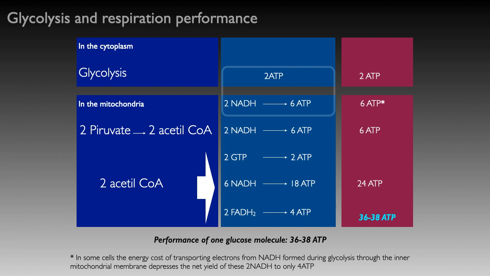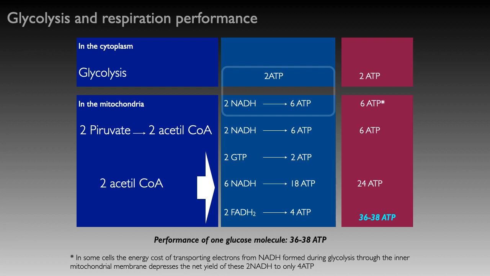Alright, so finally here you have a table showing the net result in ATPs of a single glucose molecule from the time it enters the cell cytoplasm until its total degradation to water and carbon dioxide.